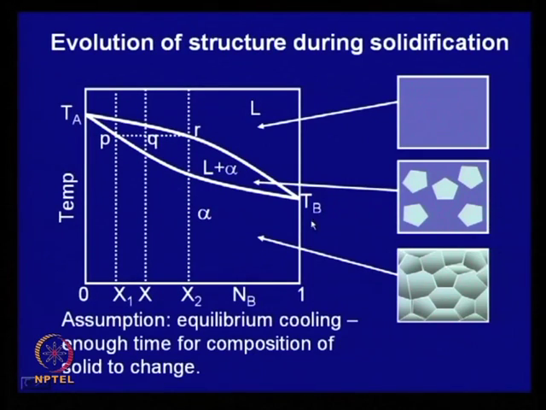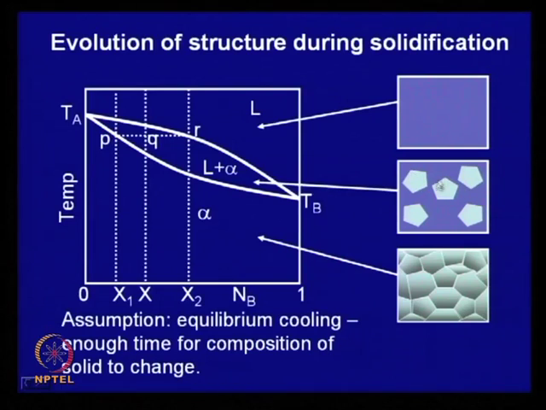Now, let us see how the structure evolves. Now, consider this alloy X here. Now, if it is at this temperature, as long as it is liquid, you can say it is uniform all through, and then when the solidification starts, you have crystals of alpha forming, which is shown over here.